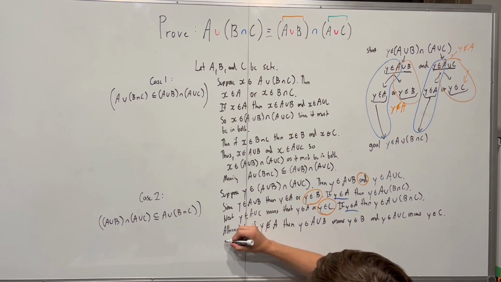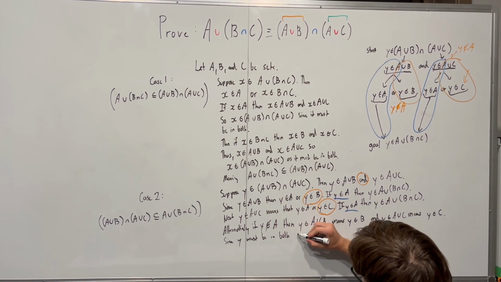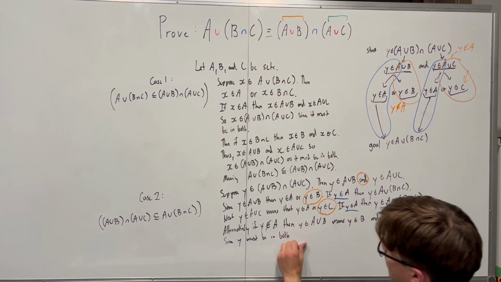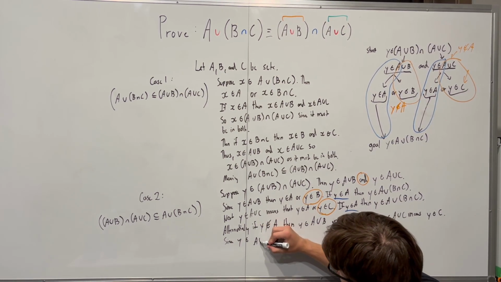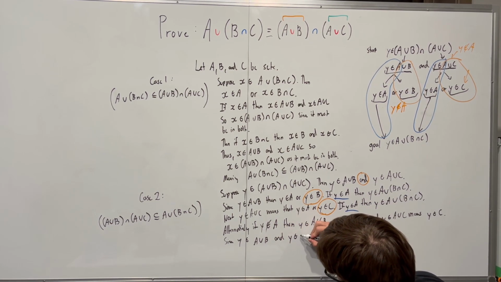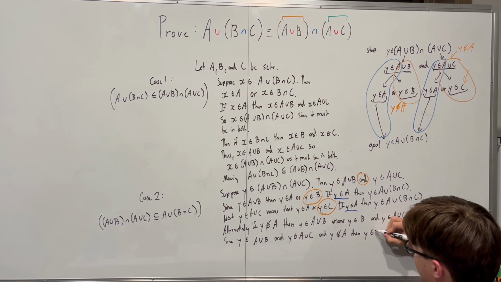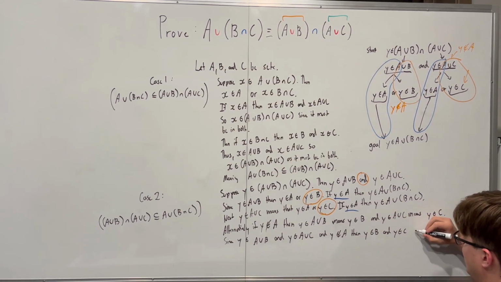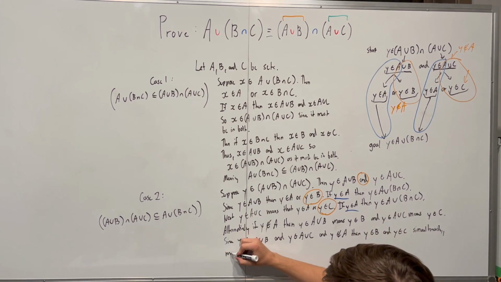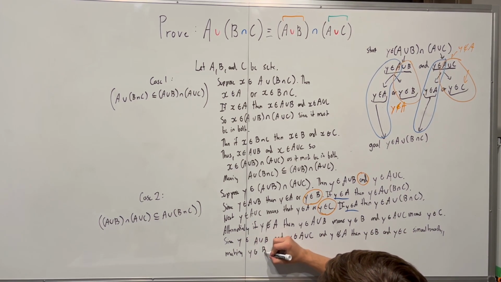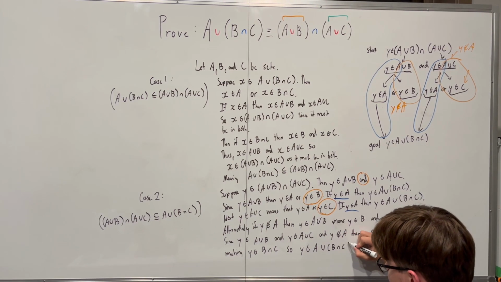Okay. And we're going to say, since y must be in both, since y is an element of A union B and y is an element of A union C, and y is not an element of A, then y is an element of B and y is an element of C simultaneously, making y an element of B intersection C, so y then becomes an element of A unioned with B intersection C. There we go.